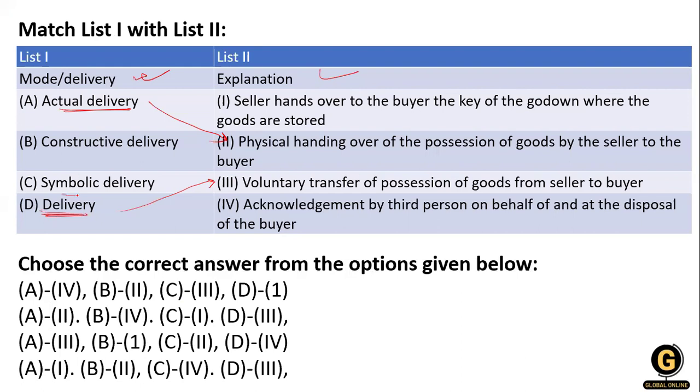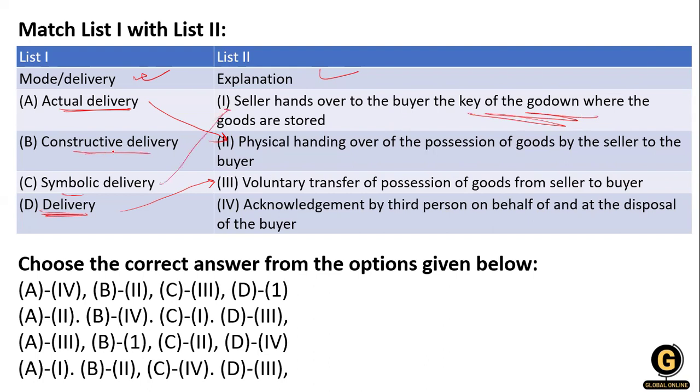Now what is symbolic delivery? Symbolic means you are not actually giving the product into the hands of the buyer; you are just symbolically transferring it, like a seller handing over to the buyer the key of the godown. So this is symbolic delivery.